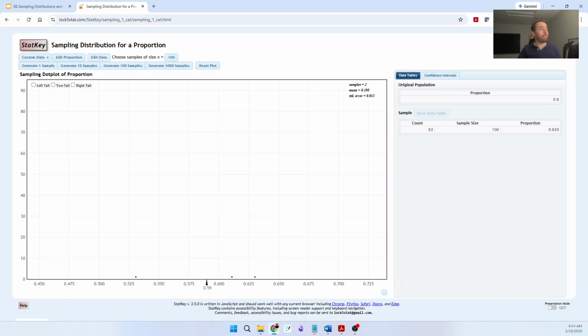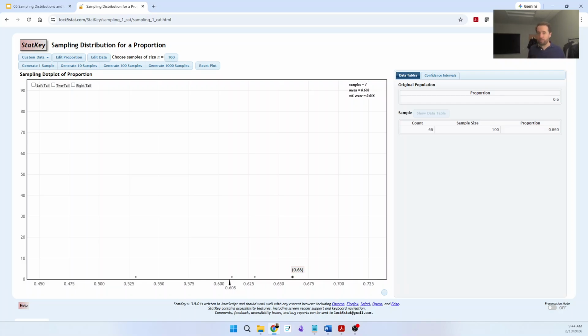If I draw a 4th sample, which I'll do now, notice this sample had a count of 66, a sample proportion of 0.66, and a new point has appeared in our picture for this sample proportion. So what is being created on the big screen is our sampling distribution.